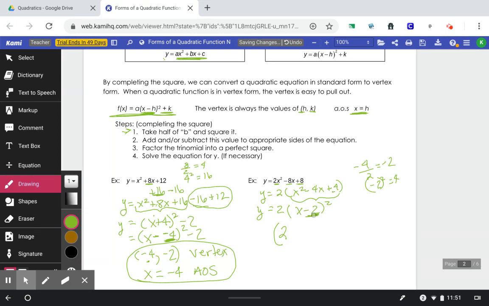So the 2 is your x value. And then since this is technically saying +0, our k value is 0. So 2, 0 is going to be the vertex. I could also say that my axis of symmetry is x equals +2.